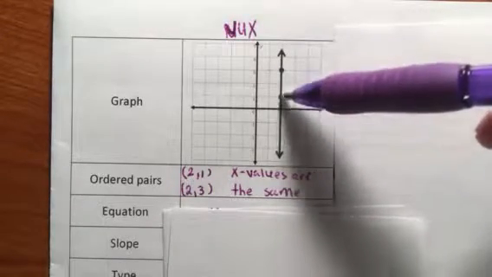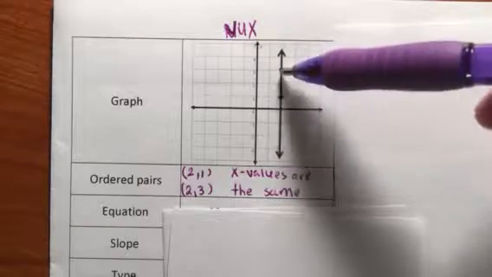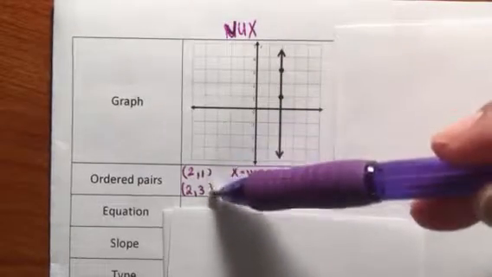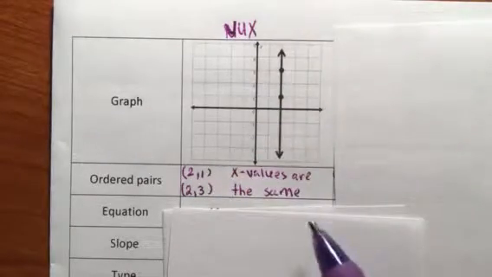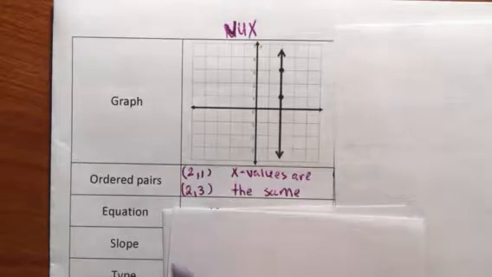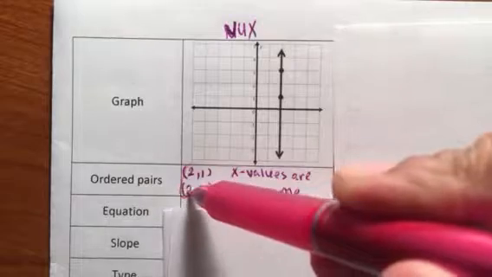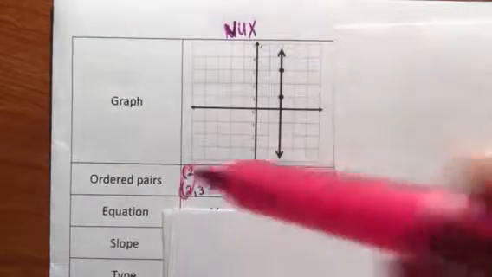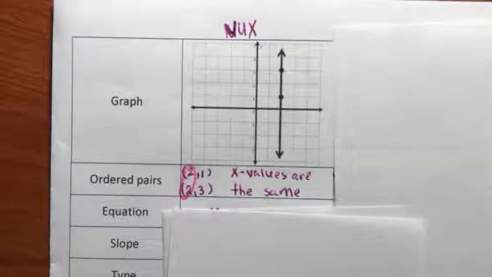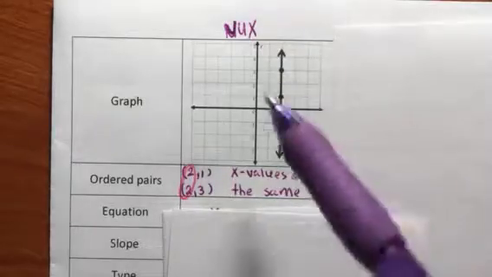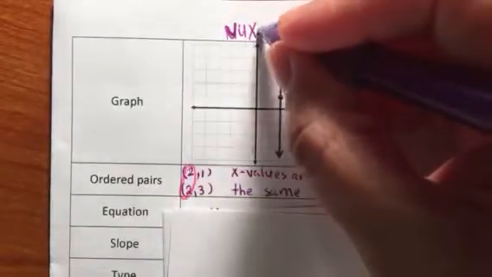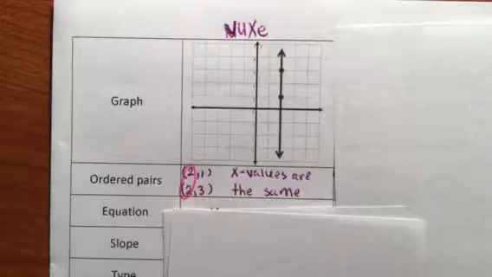So this was 2, 1, and this is 2, 3. So that's where these points are. So if you look, you should notice that your x's are the same, which is what we want.